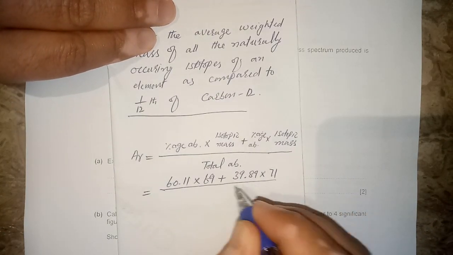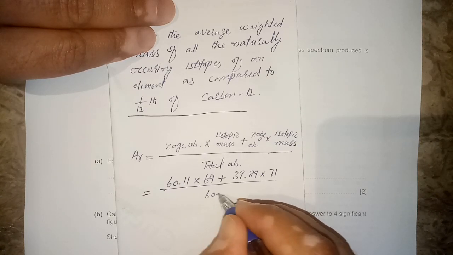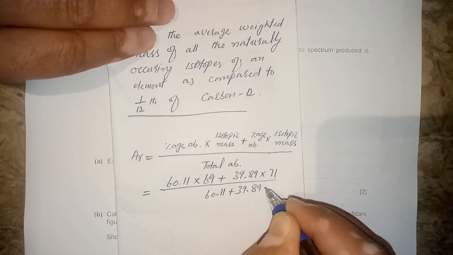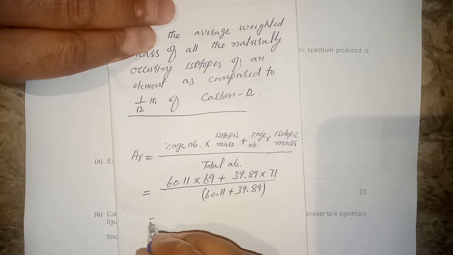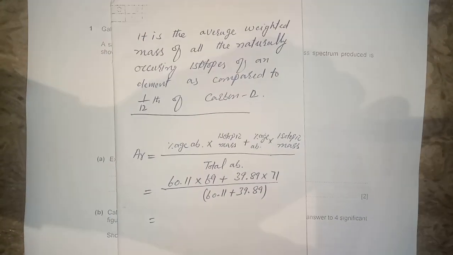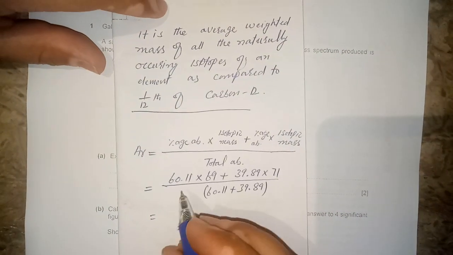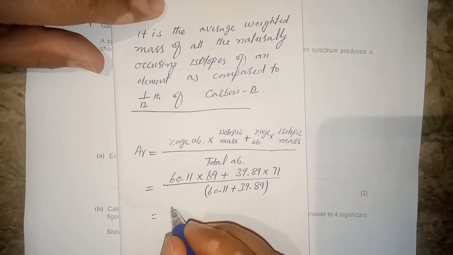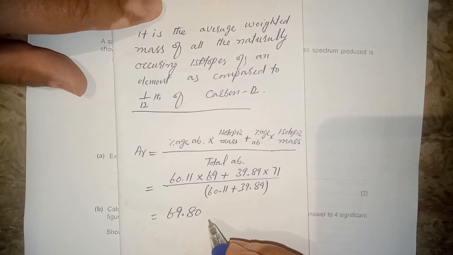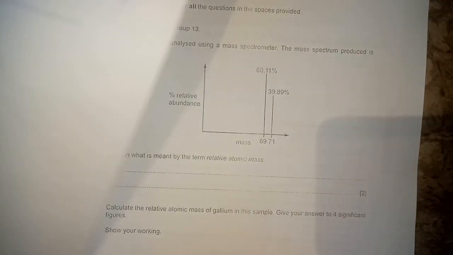You have to divide it by the total abundance, which is 60.11 plus 39.89. Now you calculate mathematically, and you will get the answer 69.80. So this is the right answer for part B.